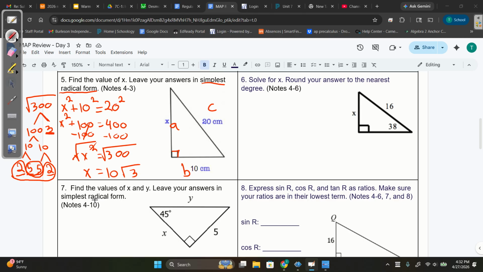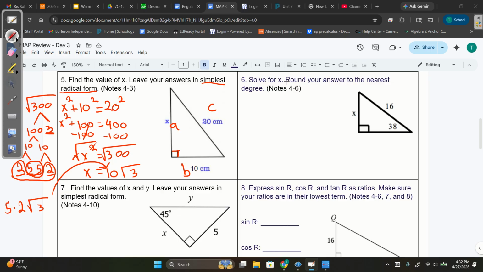Which means both a 5 and a 2 are going to come out of my radical, and they multiply by each other. So 5 times 2 times the square root of the 3 gets stuck inside because it doesn't have a pair. And 5 times 2 is 10. So we end up in the same spot regardless of which way we do it.